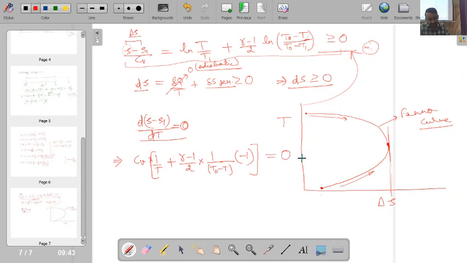So Cv, if I take it to the other side, that will be 0 only. So from here I will get 1 by T equal to (gamma minus 1) by 2 times (T0 minus T). Up to this point, is it clear? Now from here simply I can say that 2 times (T0 minus T) is equal to T times (gamma minus 1). Okay.